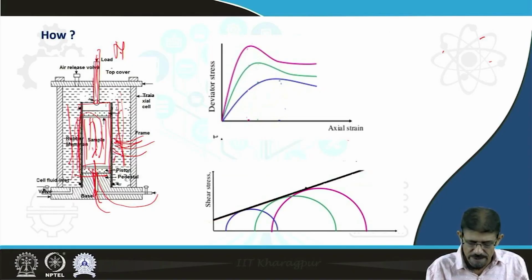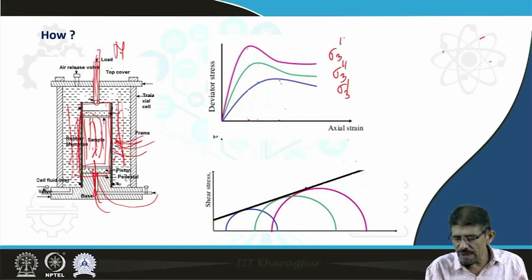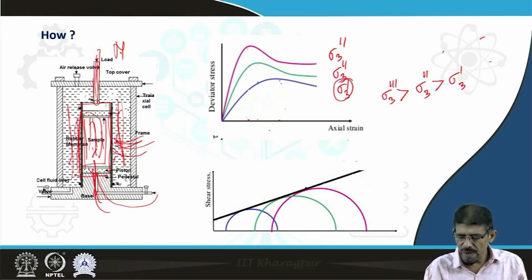If we look at this system, when we increase confinement, suppose the confinements we are using are sigma 3 dash, sigma 3 double dash, sigma 3 triple dash, where sigma 3 triple dash is greater than sigma 3 double dash, which is greater than sigma 3 dash, the minimum.